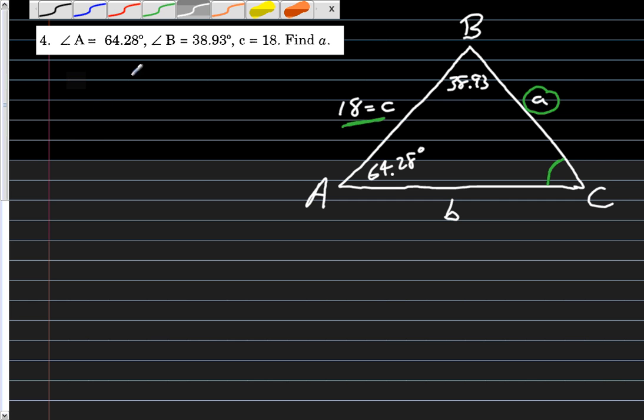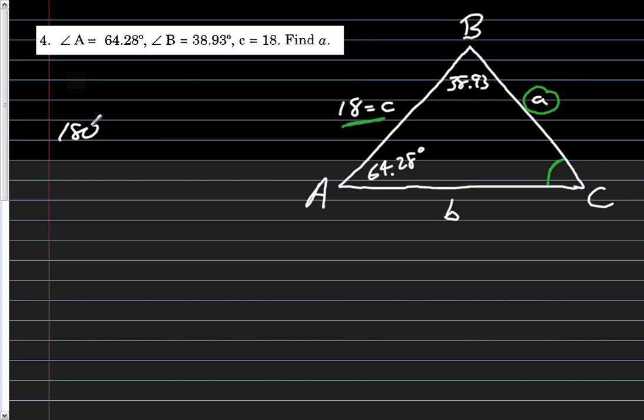What we do is we remember that all the angles in a triangle add up to 180 degrees. We're going to subtract angle A, we're going to subtract angle B, and that will give us angle C. And then we're ready to use the sine law.